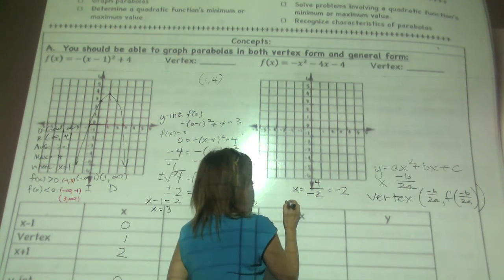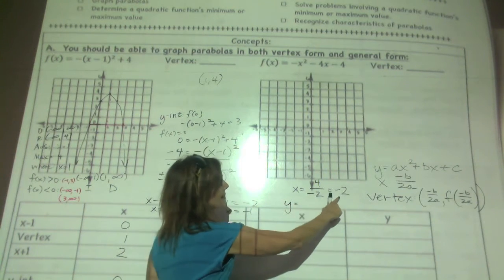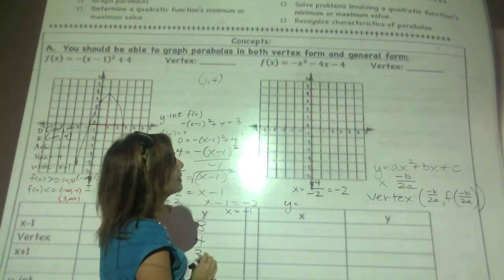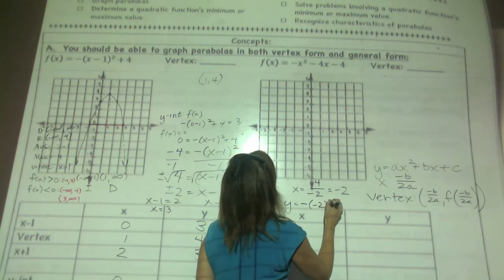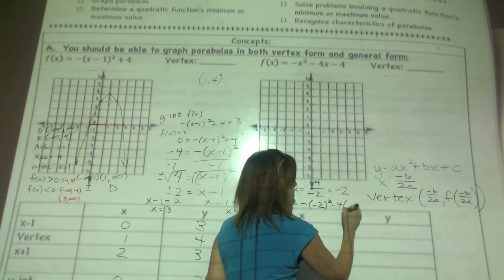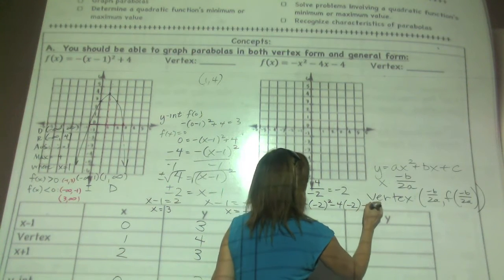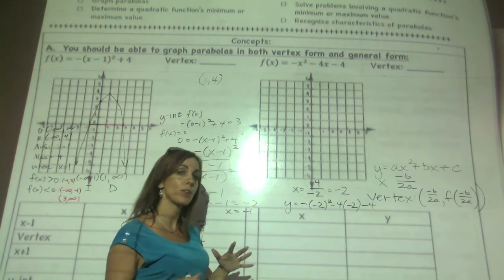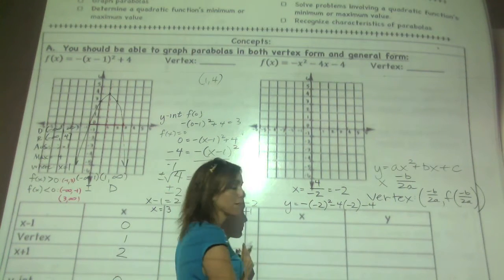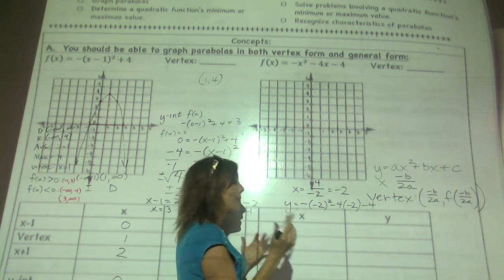I'm going to find the y of my vertex by taking this negative 2 and subbing it into my equation: negative 2 squared minus 4 times negative 2 minus 4. All right, so let's go ahead and simplify this. Remember, order of operations, we need to square the negative 2 first. Negative 2 times negative 2, that's positive 4.